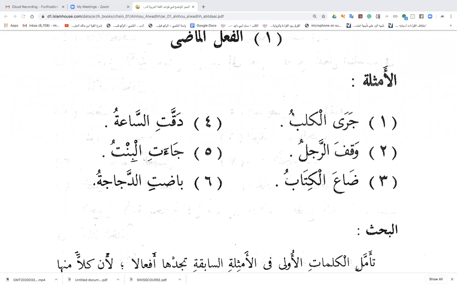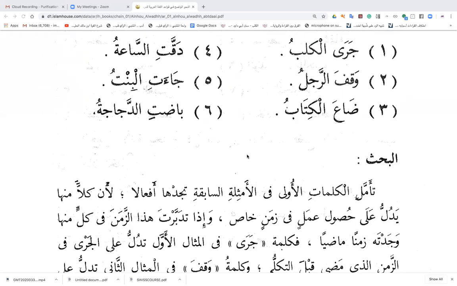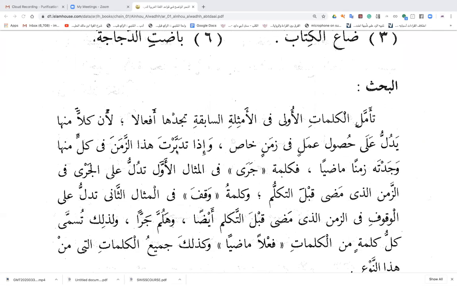لأن كلا, because every one of them, منها يدل على حصول عمل في زمن خاص. His language is really beautiful, very simple, beautiful fusha, because each one of those words indicates or signifies an action that has happened in a specific time, specific tense. وإذا تدبرت هذا الزمن في كل منها وجدته زمنا ماضيا.